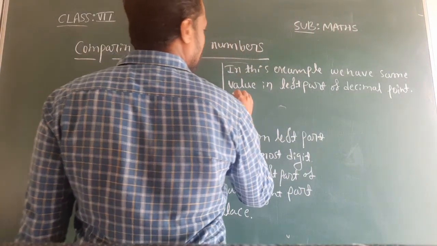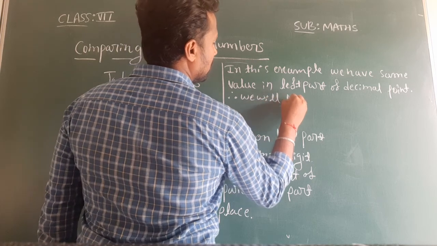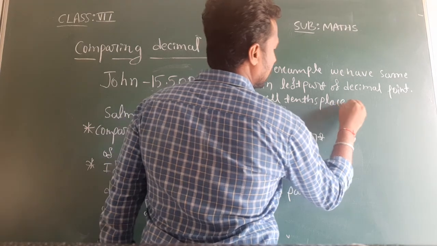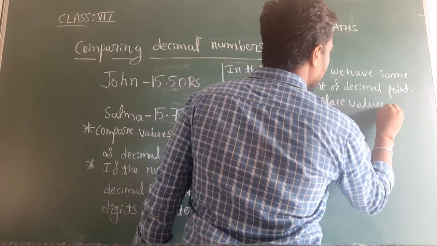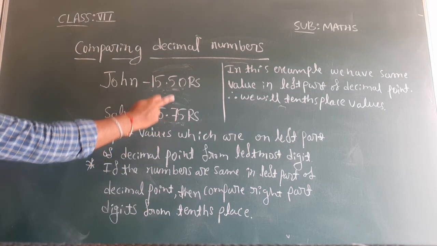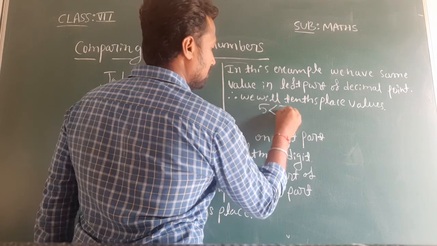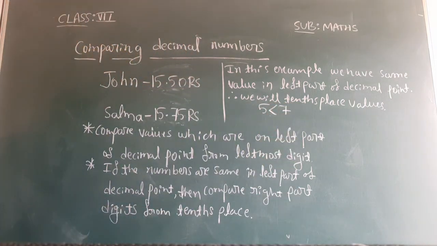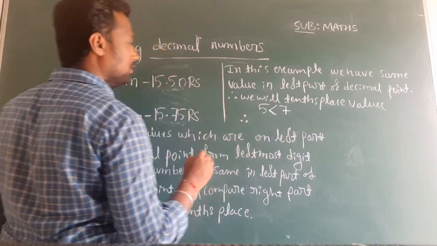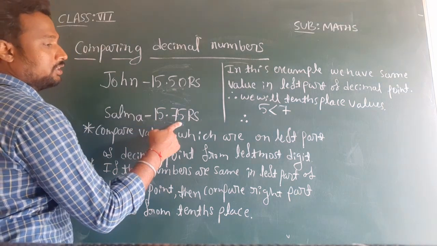So I will write here, therefore we will compare tens place values. Okay, if you compare tens place values, here 5 and 7, this 5 is less than 7. Now if this 5 is less than 7, therefore you can write here 15.50 is less than 15.75.